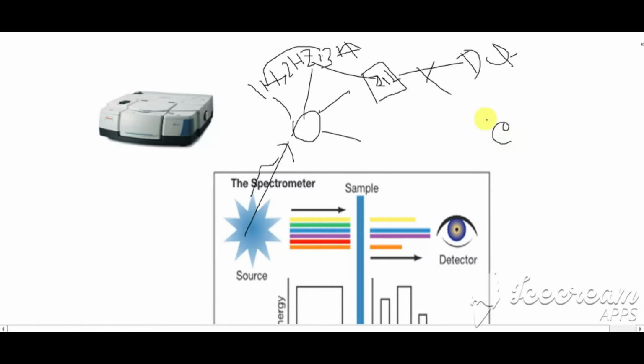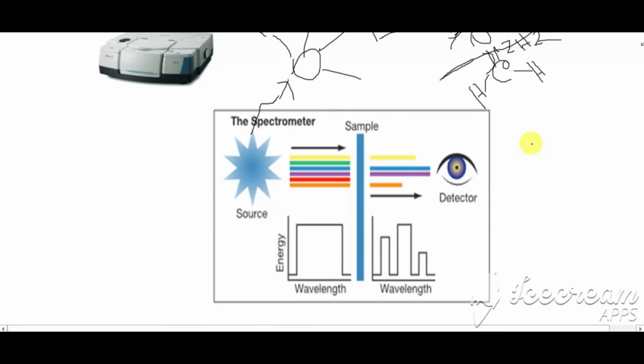For example, if we draw formaldehyde here, maybe we have 2 hertz here, and maybe 4 hertz here. One will be directly absorbed by the molecule, and the other will pass through to the detector, and after that everything will be shown in the spectra.